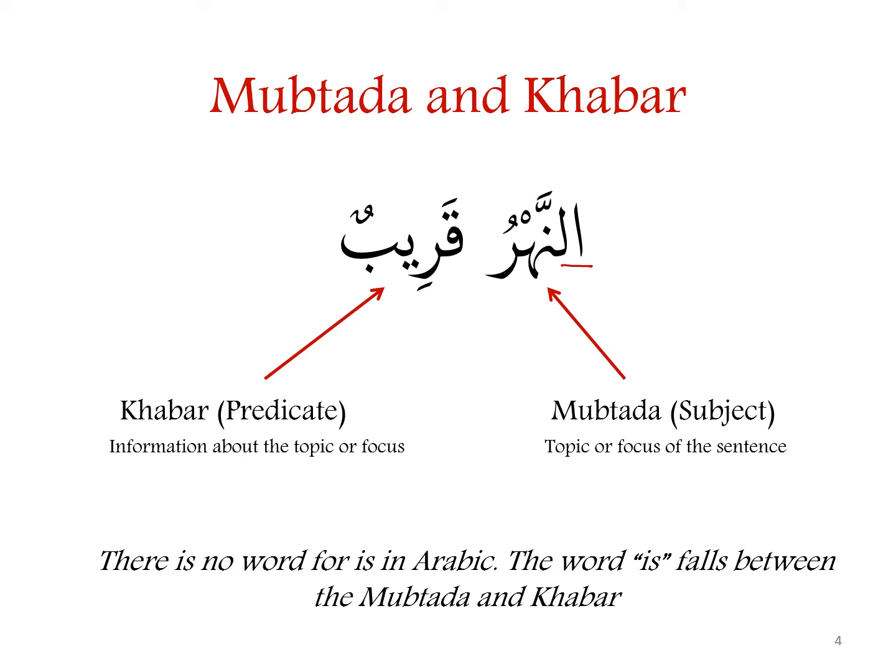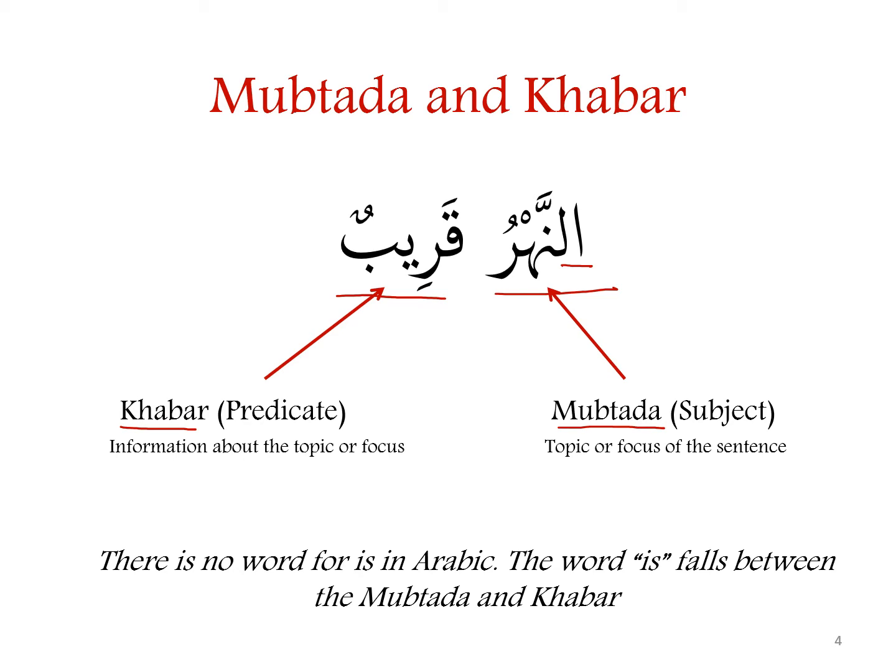And previously we mentioned that the first word of a jumlatul ismiyya was the subject, and the second word was the predicate. But now we'll be using the proper terminology: mubtada for subject and khabar for predicate.